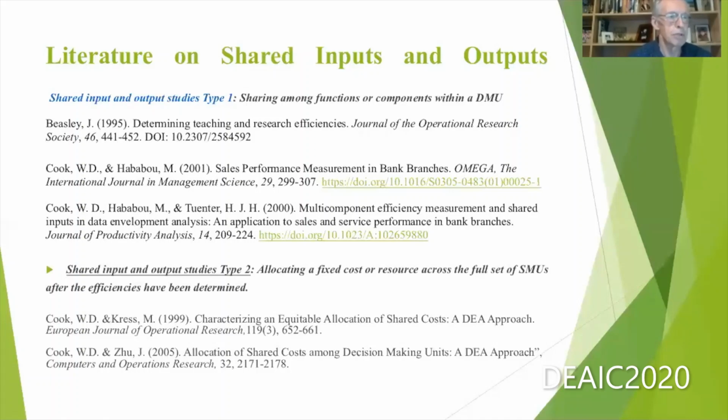It's important to emphasize this idea of splitting within a DMU as opposed to splitting across DMUs. A second type of shared factor, which we can call type 2, is that involving the allocation of a fixed cost or resource across the set of DMUs after the efficiencies have been determined. Two early papers in this area are shown here as Cook and Kress and Cook and Zhu.